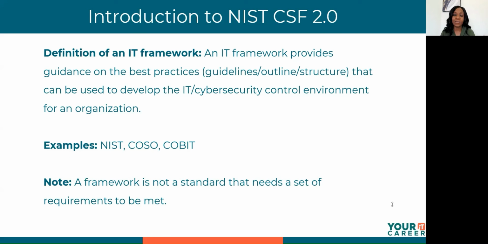It's giving guidance on what you should do in order to have an effective control environment. And the benefit of following frameworks is that once you have a good control environment, then you have a higher chance, right, of meeting any other standards that you have to comply with, like SSAE 18, PCI, ISO, and things like that.